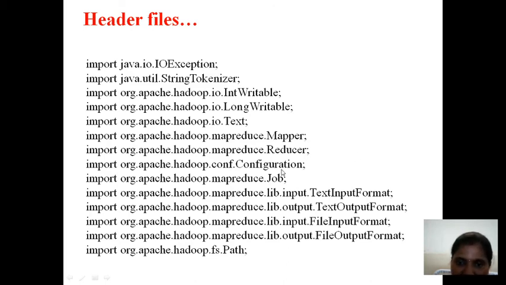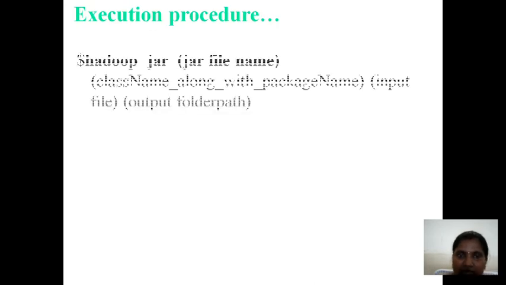If you want to give some configuration data, we need Configuration. If you want to create your job, we need Job. Then we specify the TextInputFormat and TextOutputFormat, FileInputFormat and FileOutputFormat, and finally Path. So these are all the header files we have to include without forgetting. If any file is not included as a header, it automatically won't work.